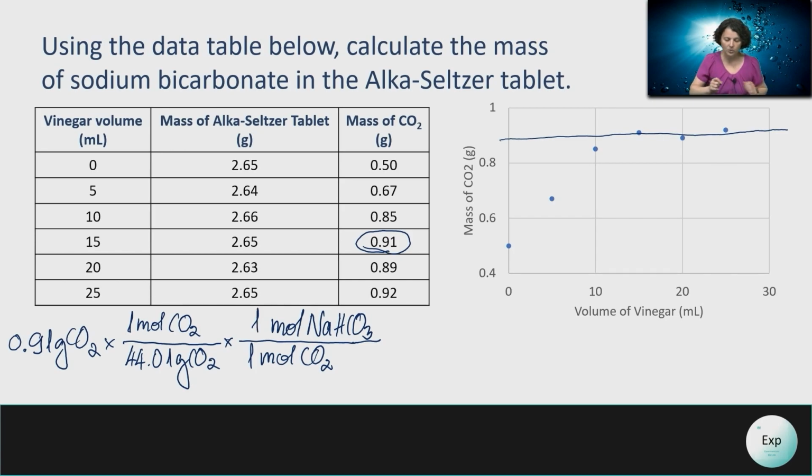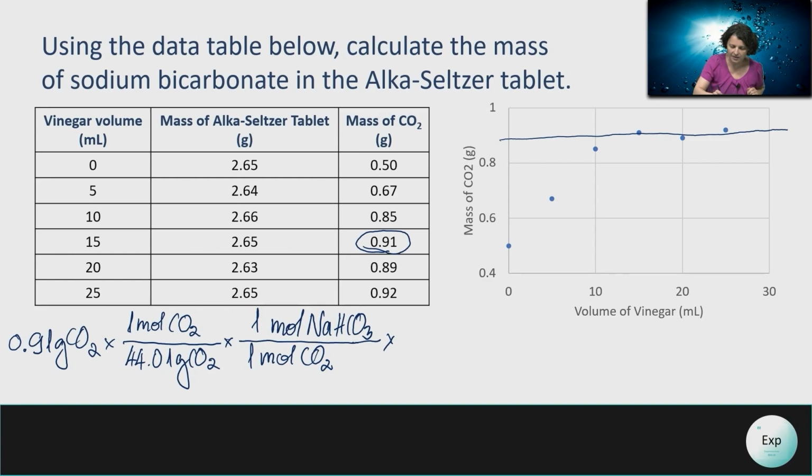This is a 1-to-1 conversion. Even when there was citric acid present, for every 1 mole of sodium bicarbonate, there was 1 mole of carbon dioxide forming, because the sodium bicarbonate will react with 1 hydrogen from the carboxylic acid group.